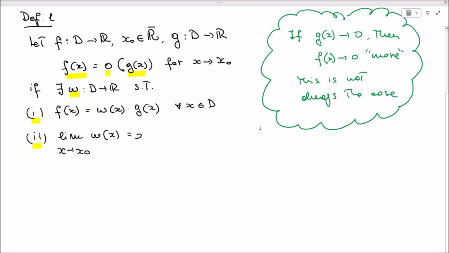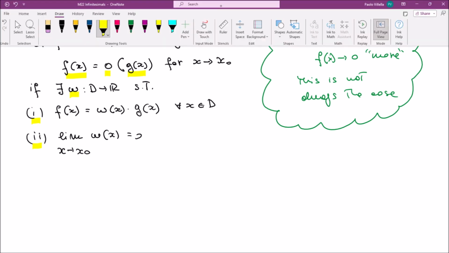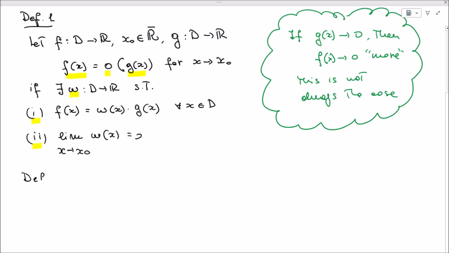We give now an alternative definition of little o. So this is the definition 2, alternative.